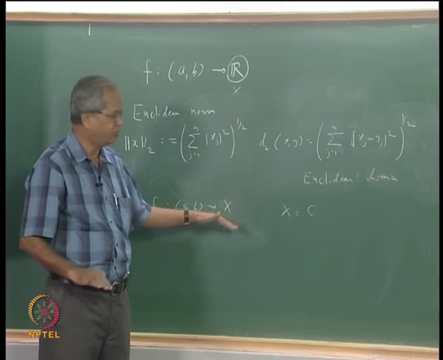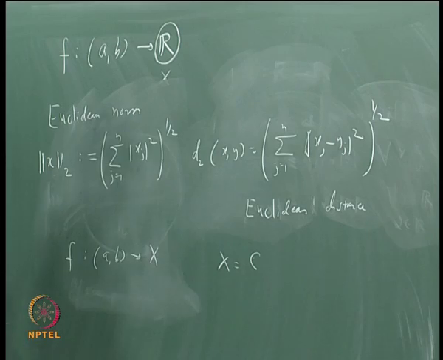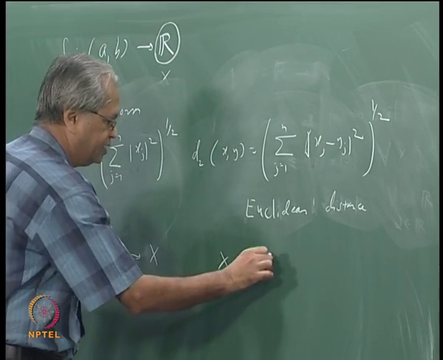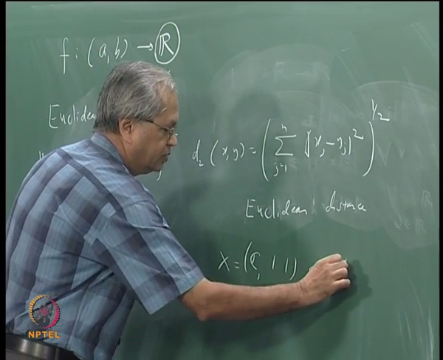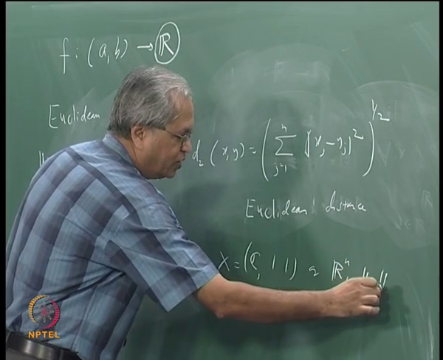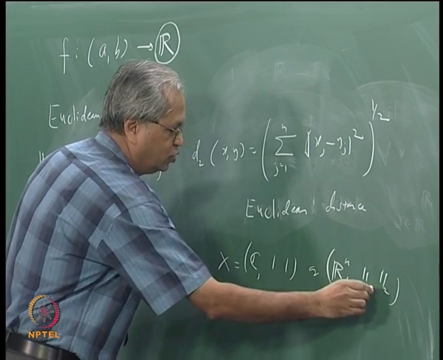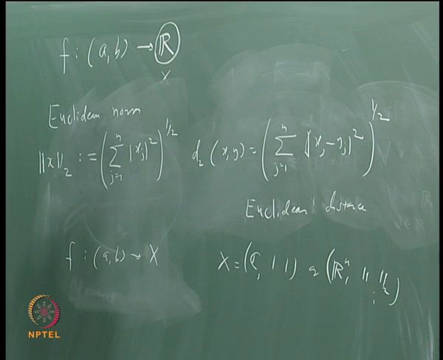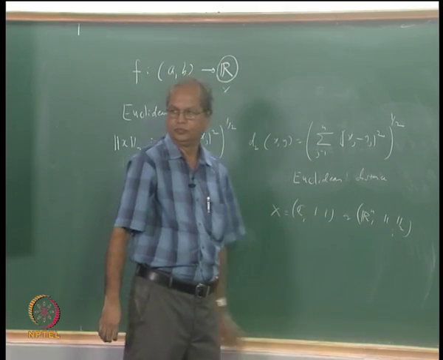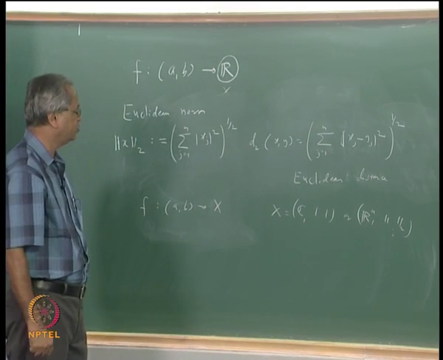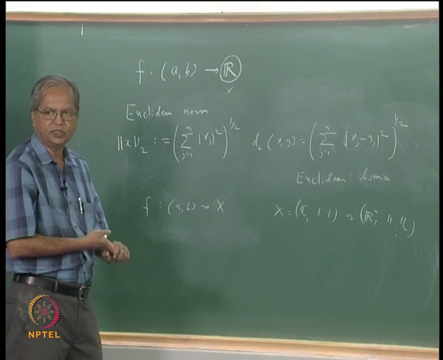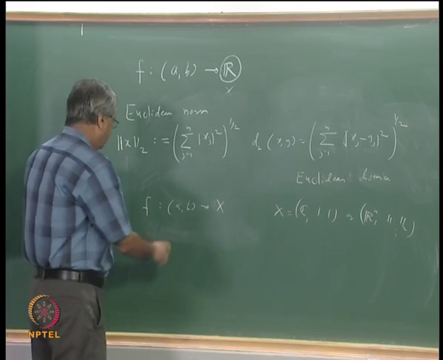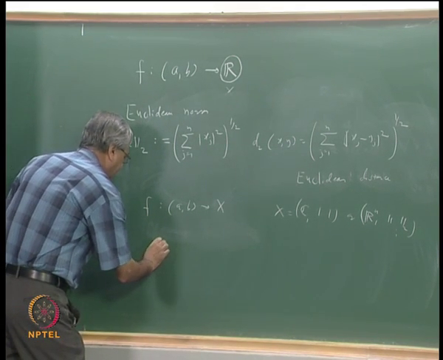For most practical purposes we can take X as either C with the absolute value, or Rn with any of those norms, let us say norm suffix 2, or 1, or infinity. But most frequently we deal with this norm, because that is the one which coincides with the usual concept of distance in 2 and 3 dimensions. So now let us take some x in AB.